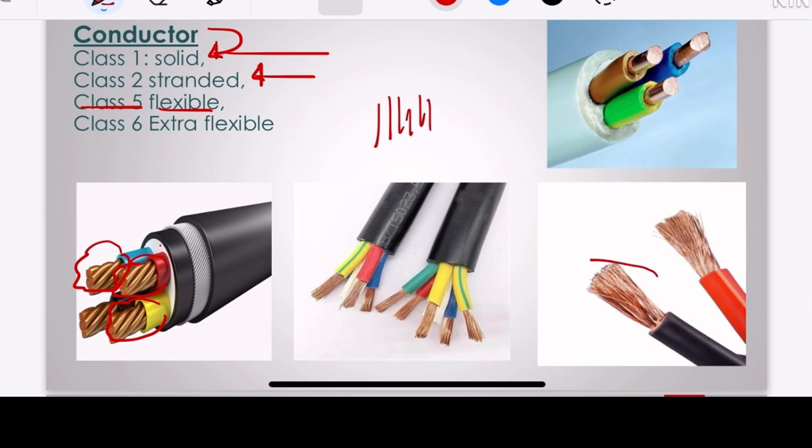And if the strands are even finer compared to class 5, then that conductor in that cable is called a class 6 cable, which is extra flexible.